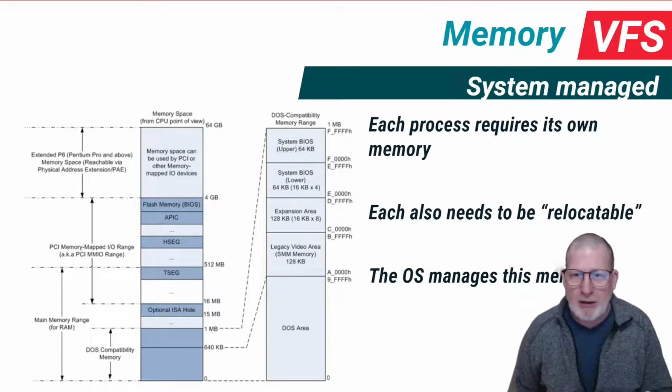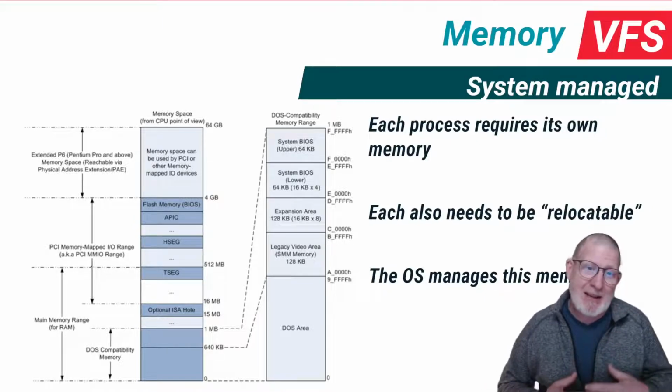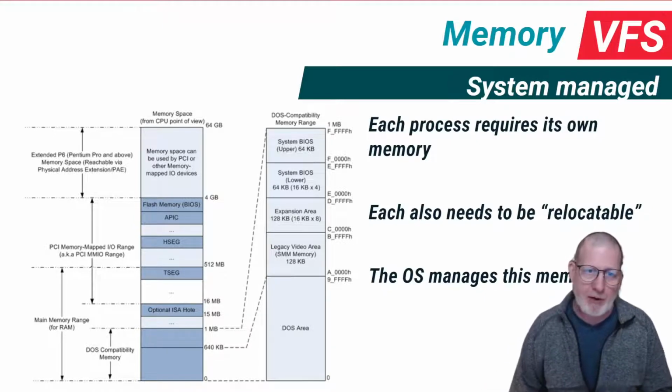The left-hand chart is the real version of memory, where your application could be located anywhere in memory at any time, and you don't know. The operating system manages it. That means in your program, while you're writing software, if you allocate a variable, those variables get allocated at a certain memory address.